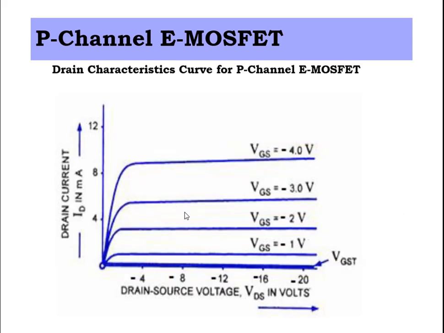Now this is the drain characteristics curve of P channel EMOSFET, plotted versus drain source voltage and drain current. With the application of negative gate source voltage, increase in the negative gate source voltage gives an increase in the drain current. The gate source voltage should be equal to or greater than the threshold gate voltage.